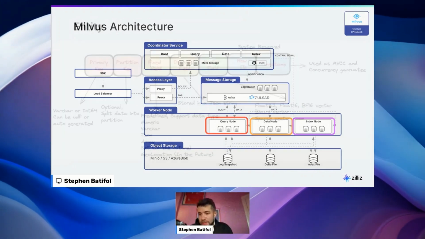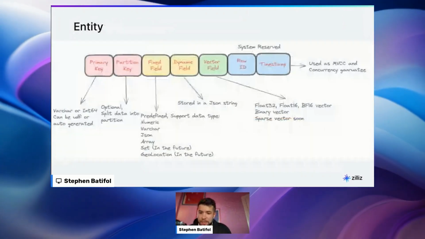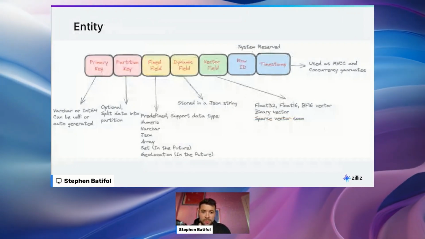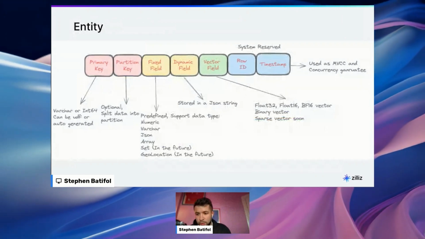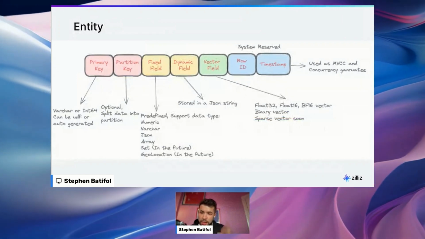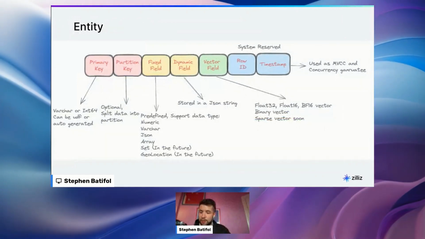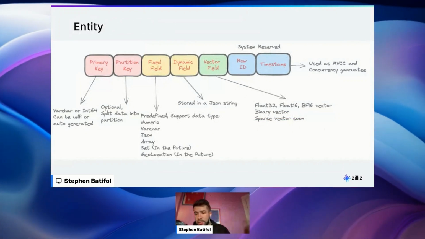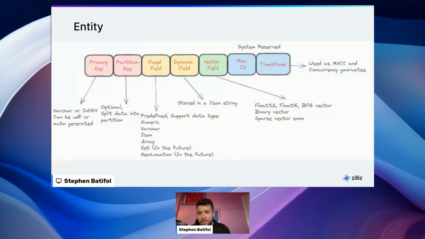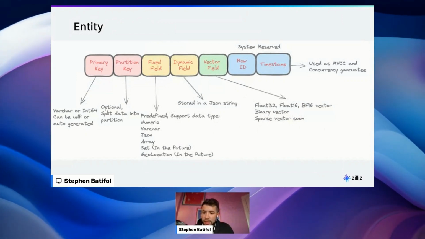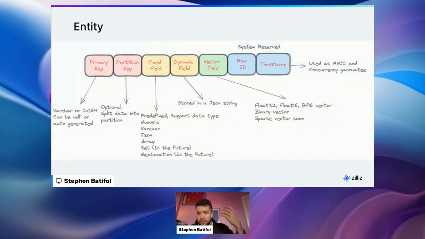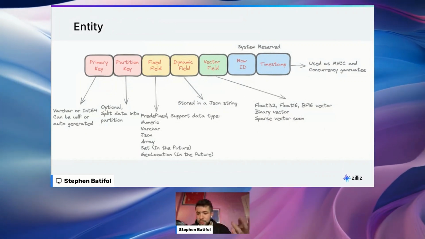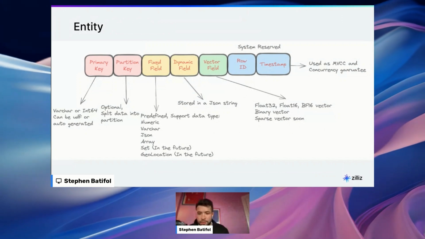For the entity, this is basically what's very important for Milvus and vector databases in general. We all have our own entities, and you'll see you have a primary key, a partition key, which allows you to split your data into different partitions. And then you have a fixed field, which supports different data types, like numeric, JSON, arrays, or different things.